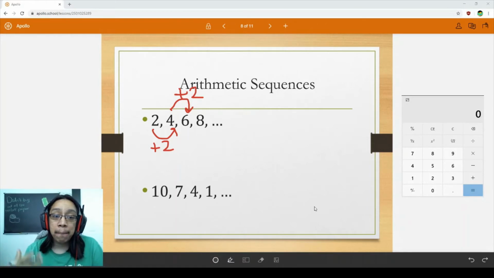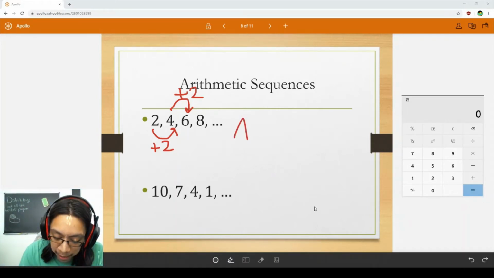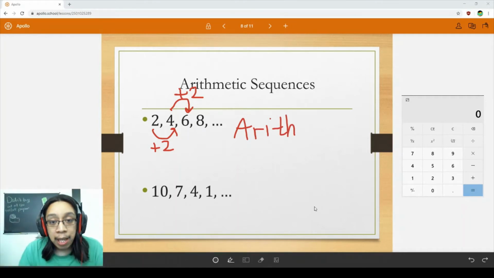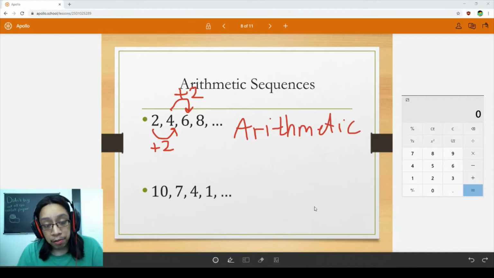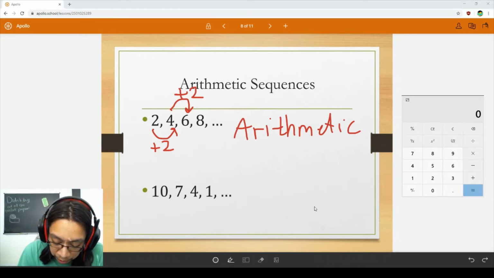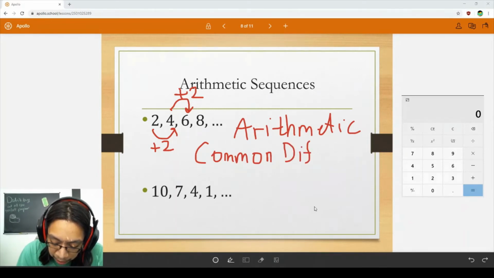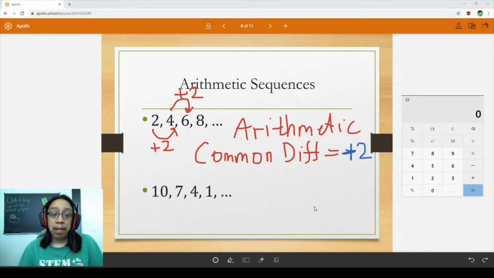Because I'm adding by the same number, I could say that this is arithmetic. But more importantly, you could also tell yourself that the common diff, common difference, is going to be positive 2, because you're always adding by 2 each time. Make sense?